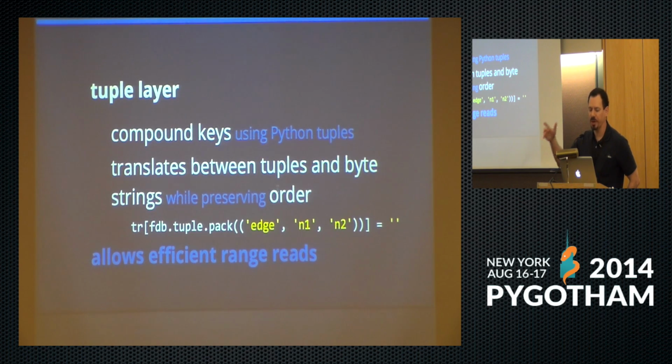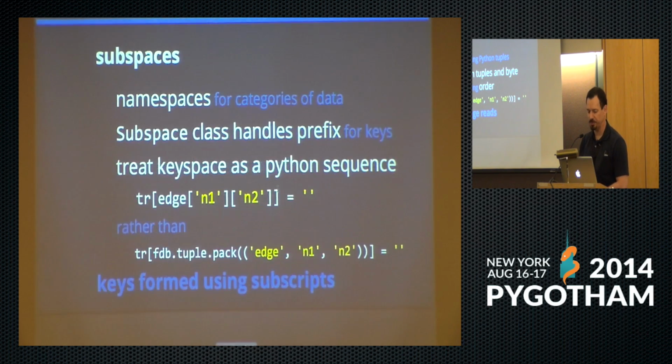And the ordering property is preserved. So the order on regular Python tuples will be the same as the order on byte strings that are actually written to the database. So when you go to do range reads, the ranges you get will be exactly what you would expect looking at the Python tuples.